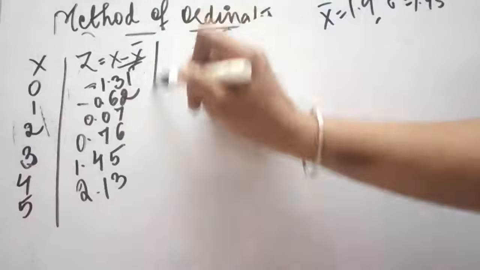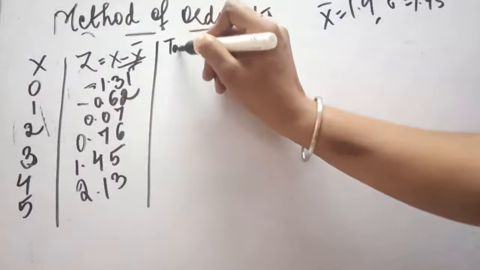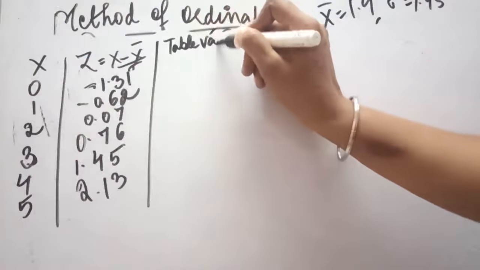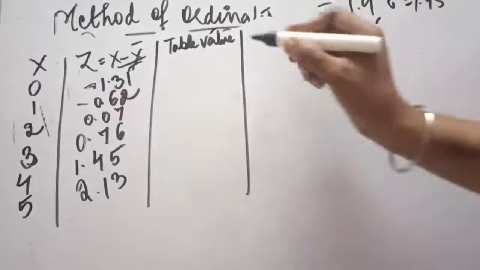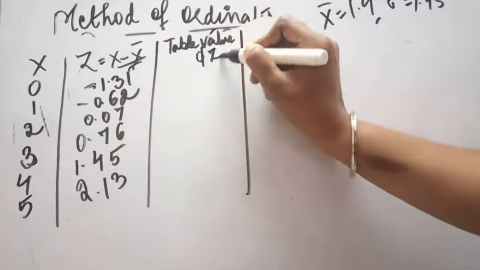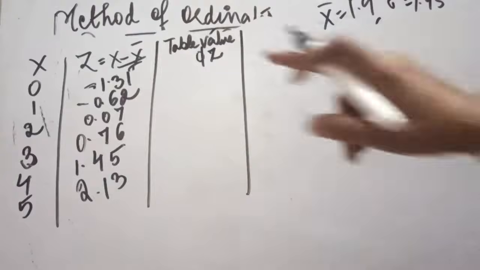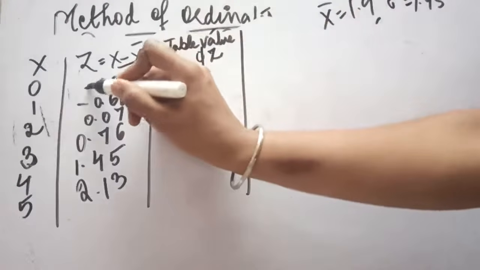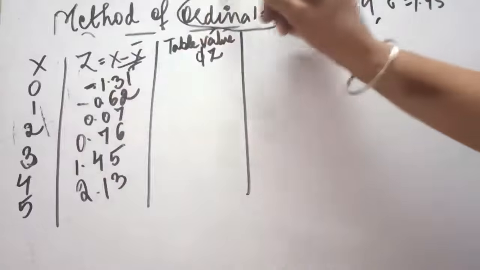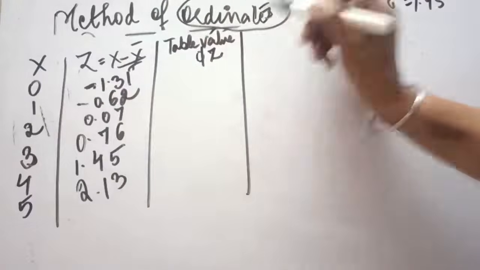Next we'll be looking at the table value. As we have seen in all the questions, we will see the table value of these, which is known here as phi z. That is the table value of z. So we will see the table of ordinates. You have to look very carefully at the tables.